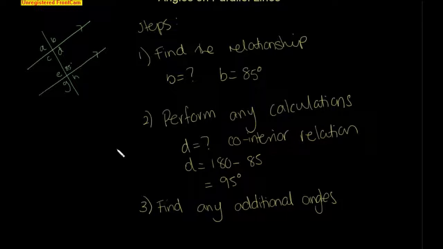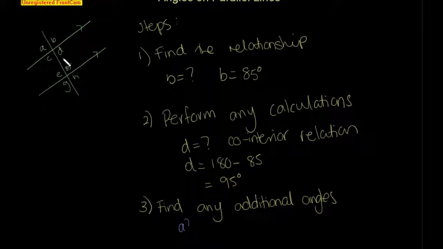So if we wanted to find A, okay, so A and 85, there's no direct relationship that we can see when we go through our 5. Okay, they're not corresponding, they're not opposite each other, they're not co-interior, they're not alternate, they're not on a 180 degree or on a straight line together forming a 180 degree relationship.